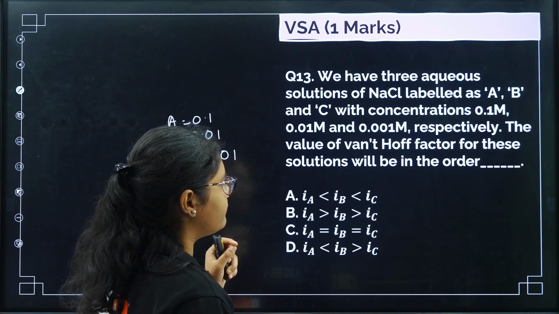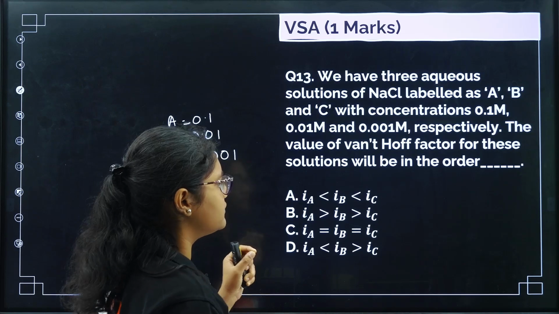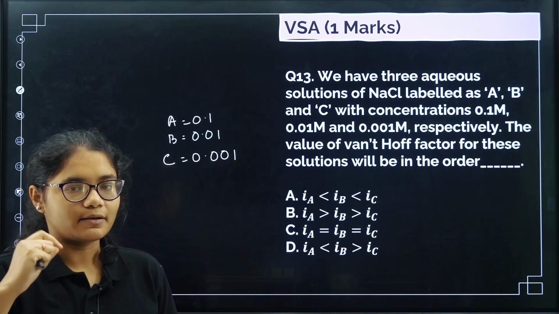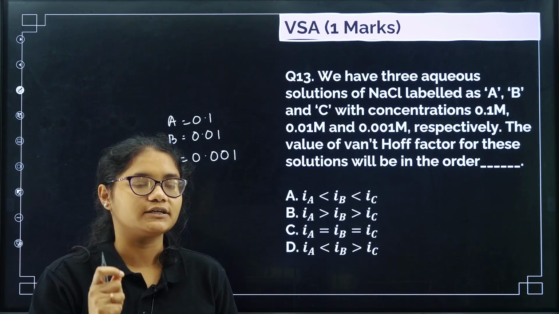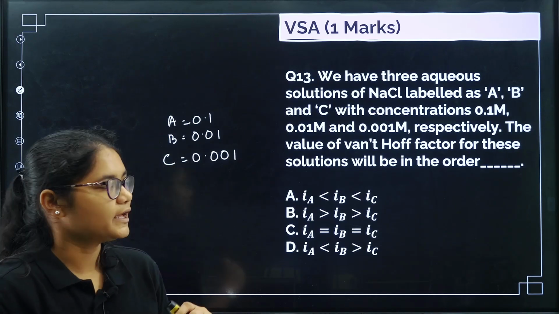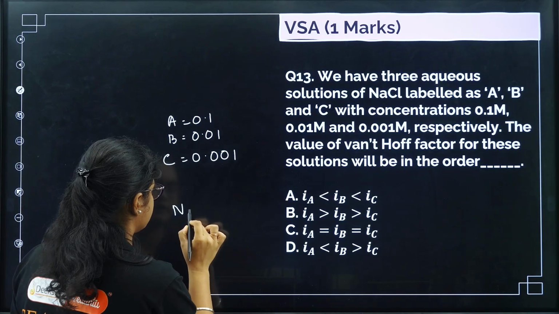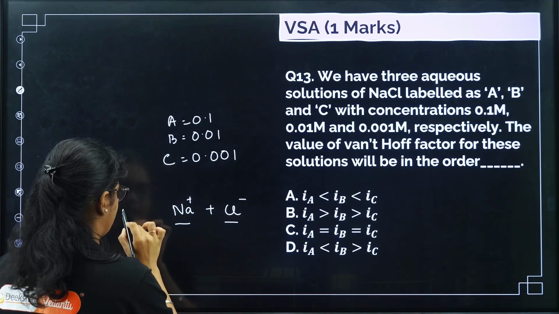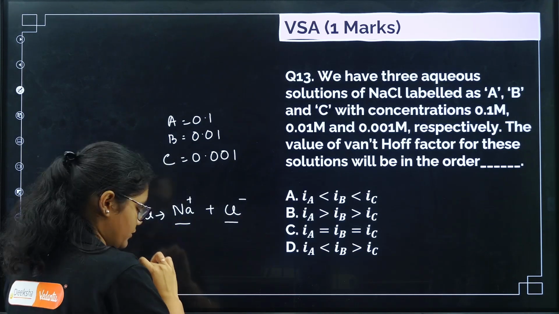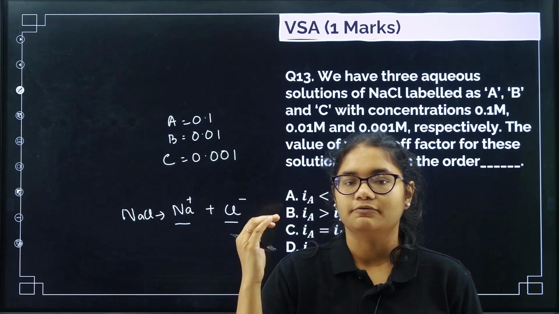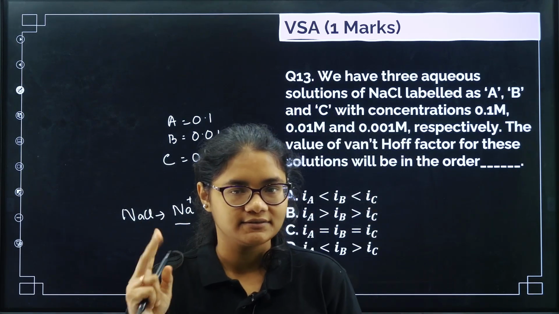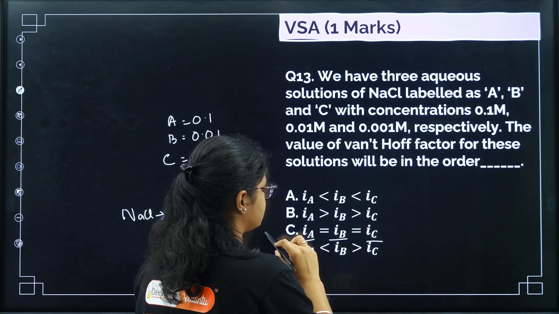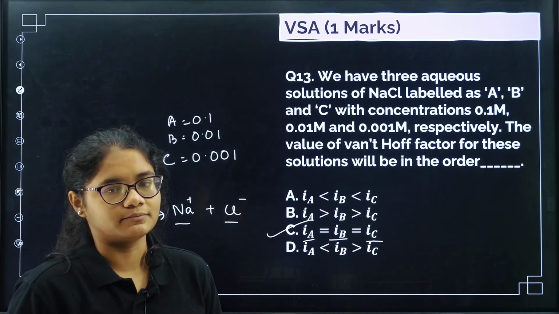Now the value of Van 't Hoff factor for these solutions will be in the order? Van 't Hoff factor is the number of ions produced after the dissociation. So NaCl will dissociate to give you Na plus and Cl minus. So the Van 't Hoff factor in all the 3 cases is 2. So Ia is equal to Ib is equal to Ic, that is option number C.